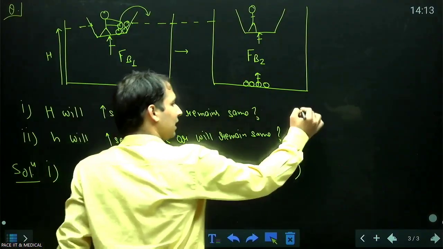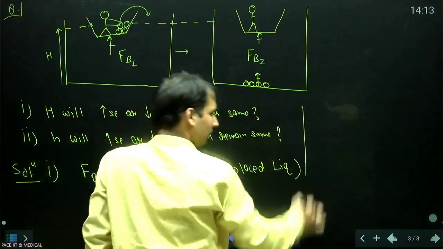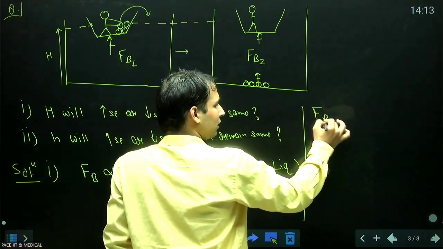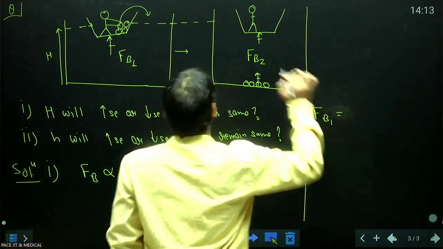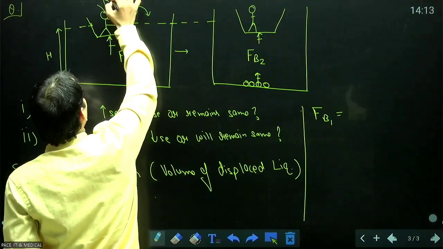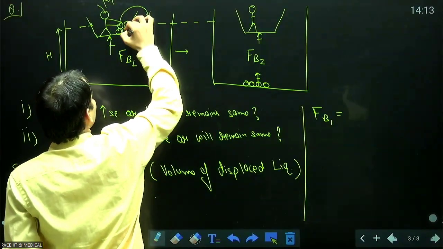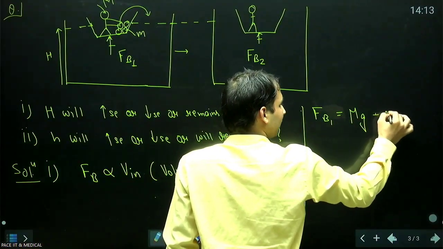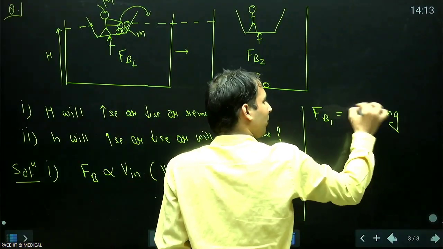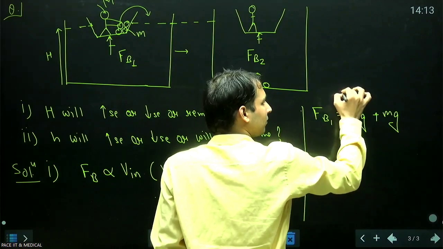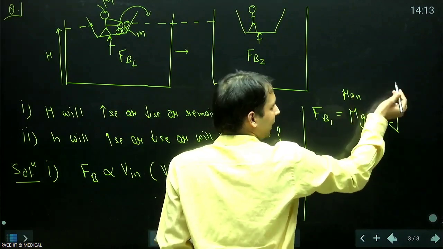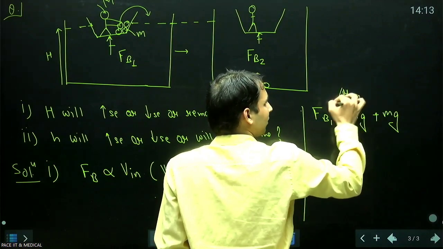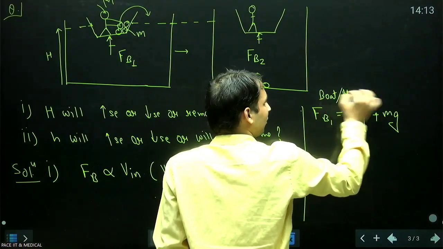If we write mathematically, buoyant force in the first case will be, let's say capital M is the mass of the man and boat and small m is the mass of these stones. So we can write capital Mg plus small mg.